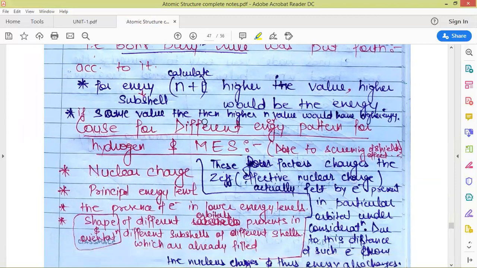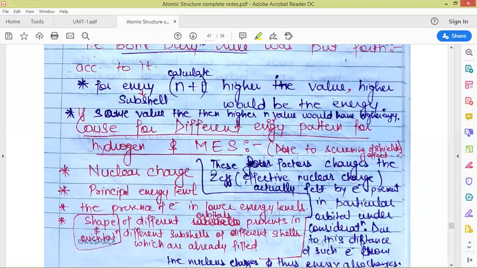Next question is, why is there a difference in the energy pattern of hydrogen and multi-electron systems? Why is there a difference between single electron species and multi-electron species? This is based upon the screening or shielding effect. Actually, in the hydrogen atom, there is just one electron, and in a multi-electron system, there are electrons in different orbitals.